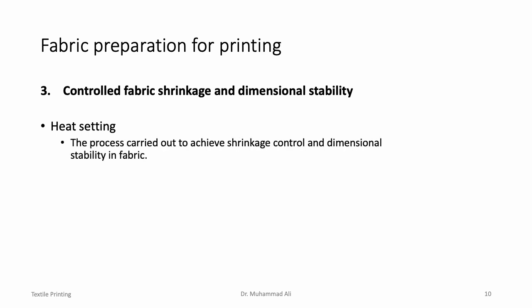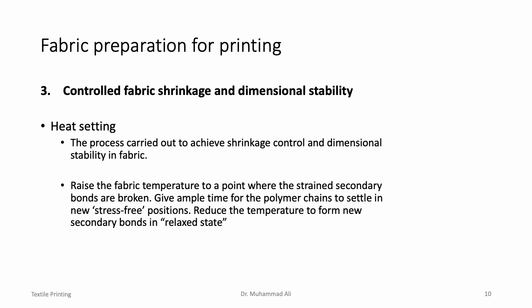Let's see what is done in heat setting. As we have discussed, heat setting is carried out to achieve shrinkage control and to improve the dimensional stability of the fabric. The principle of heat setting is that we increase the fabric temperature to a point where the secondary bonds are broken. Secondary bonds could be dipole interactions, for example. And at that temperature, we keep the fabric for a sufficient time for the polymer chains to settle in new positions.